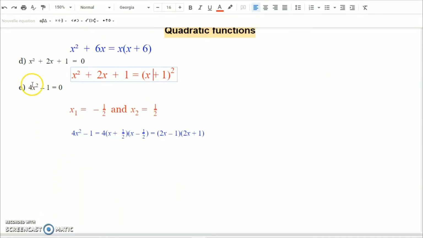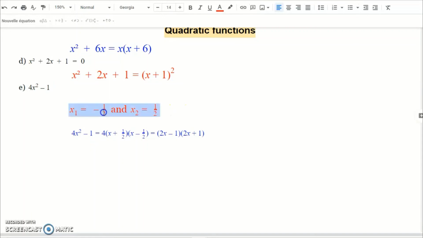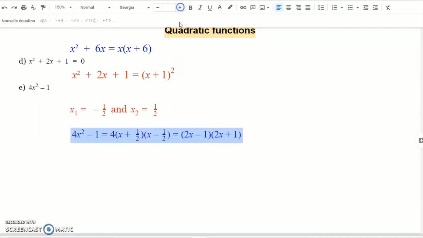And finally, the function 4x squared minus 1. The roots are minus 1/2 and plus 1/2, and we can factorize as 4 times x plus 1/2 times x minus 1/2.